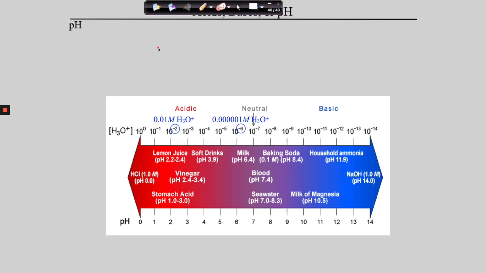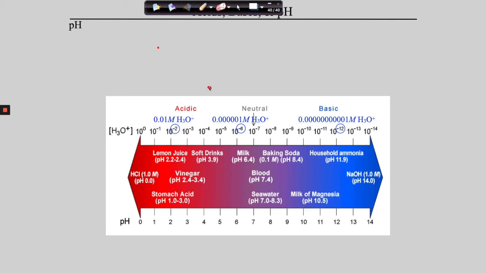So let's move that all the way down the row and take a look at pH 12, which is household ammonia. What does that mean, that it's pH 12? Well, carrying that up, the molarity is 10 to the negative 12th. Written out, it's this. Look at how small the concentration of hydronium ion is in the ammonia, the base. So what is this all about?